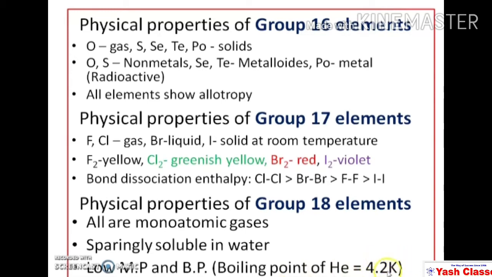You know that 0 Kelvin means minus 273 degrees centigrade. So it is very close to 0 Kelvin or minus 273 degrees centigrade. Its boiling point is very low.